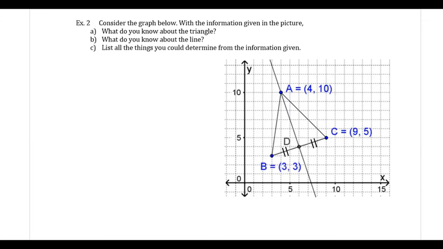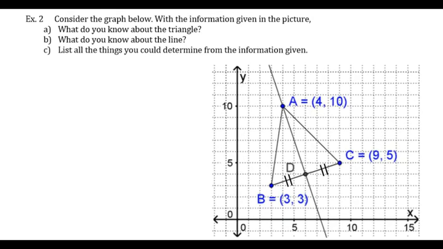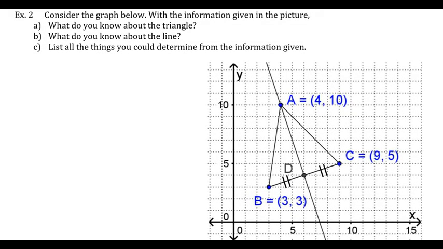So here's what we're going to do. Consider the graph below, with only the information that's given in the picture. So what are you given? You're given the 3 vertices.